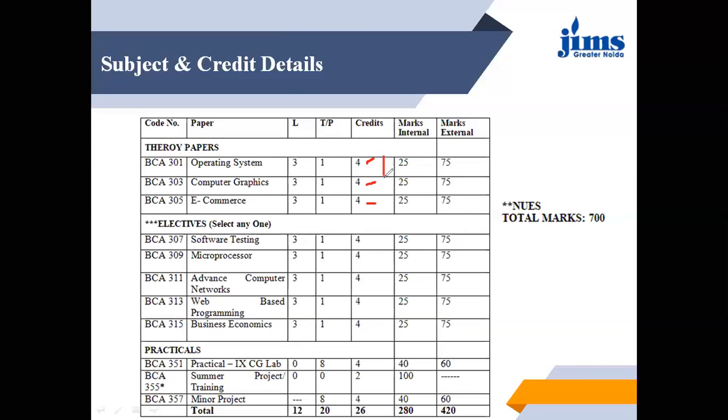So the total credits of basic subjects, which are also called main subjects, and this is an elective, so the credit of the elective is also 4 because we have to select any one among these. So this is 12 plus 4, that is 16. So 16 is the credit of the theory subjects.